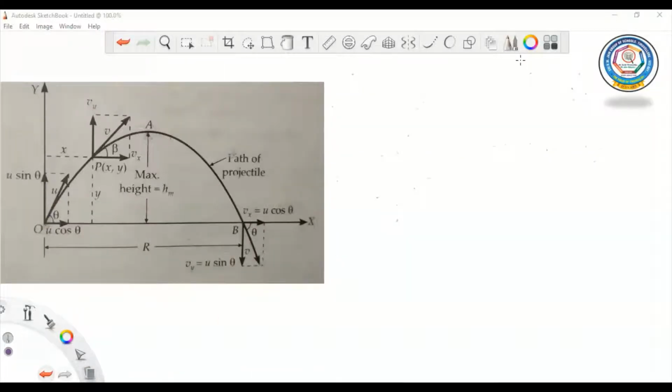Now, to find the expression for time of maximum height. This time of maximum height is represented by Tm, and the maximum height is represented by Hm.